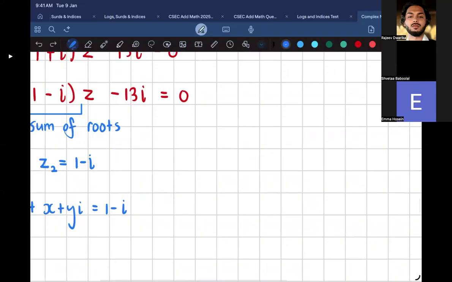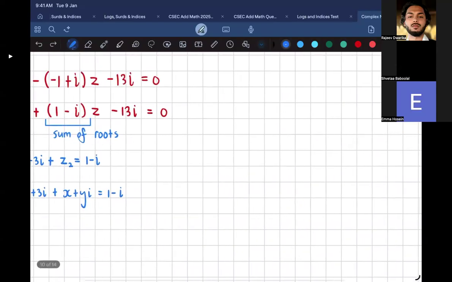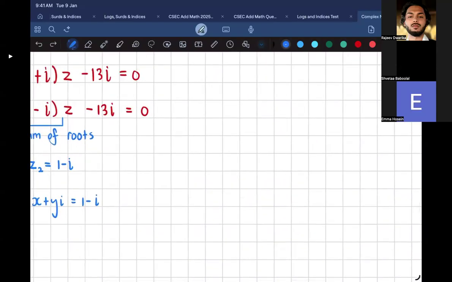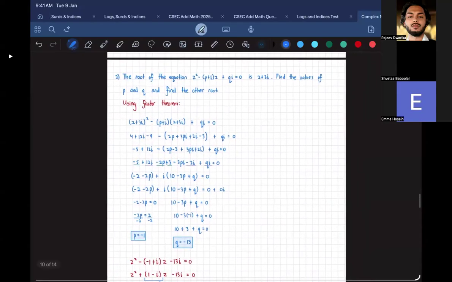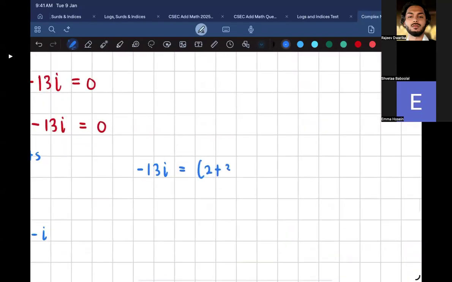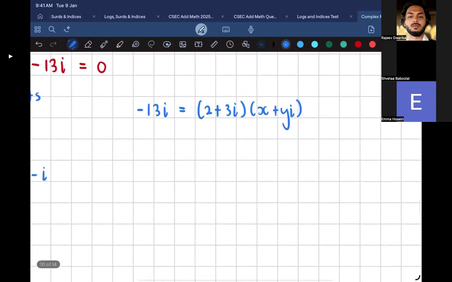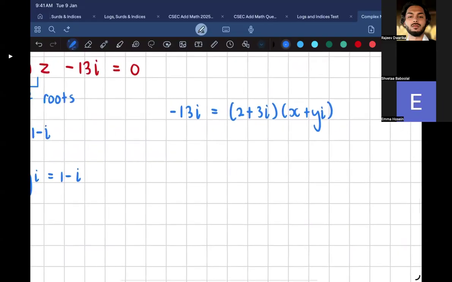This will be the product of the roots. So minus 13i would have to be equal to 2 plus 3i by the other root, which I'm going to call x plus yi. If it doesn't work out, I'm going to lose my mind.